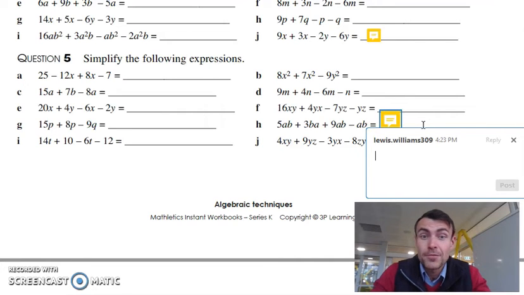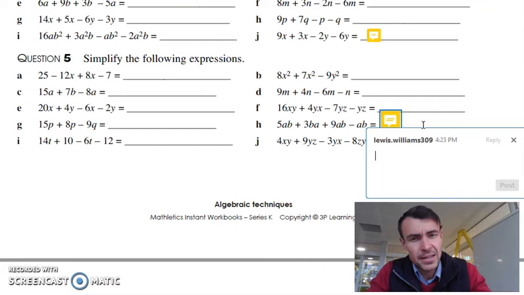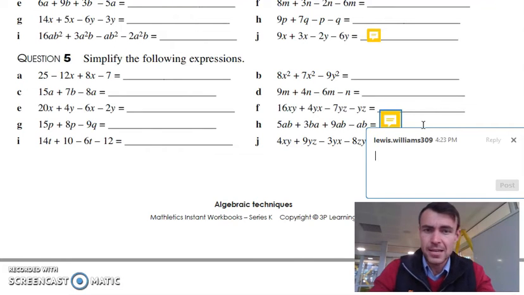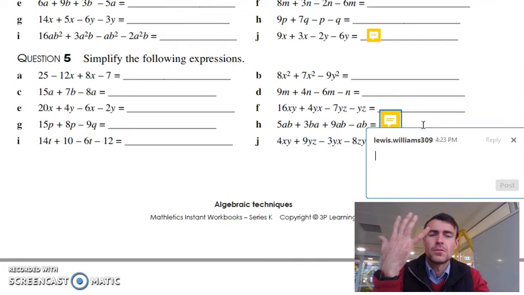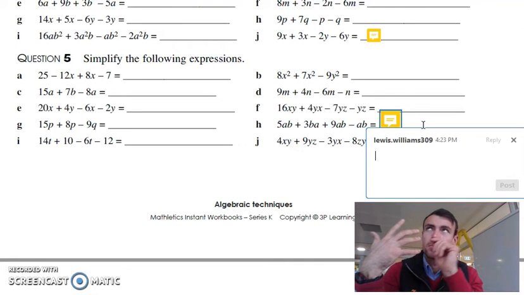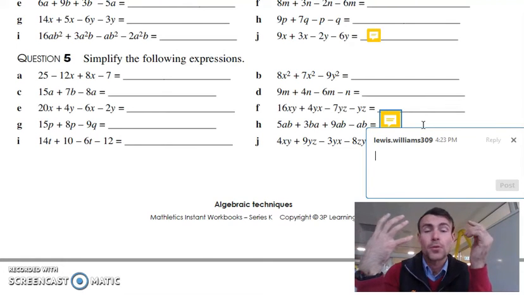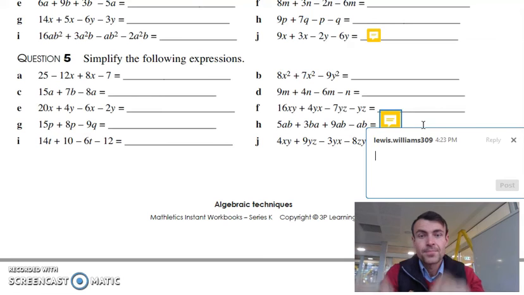I'll start with my 5 ABs, add my 9 ABs, and take away 1 AB. That gives me 5 plus 9 is 14, take 1, 13 ABs.